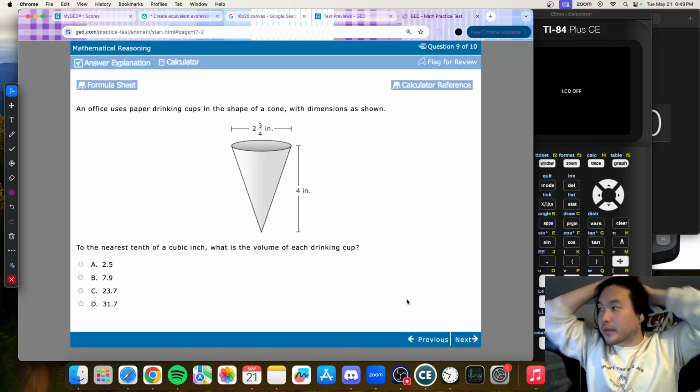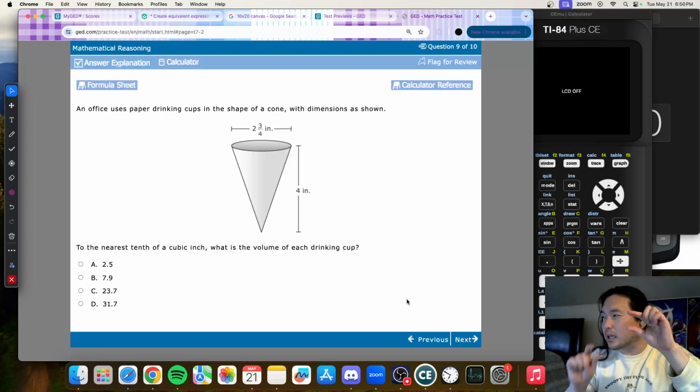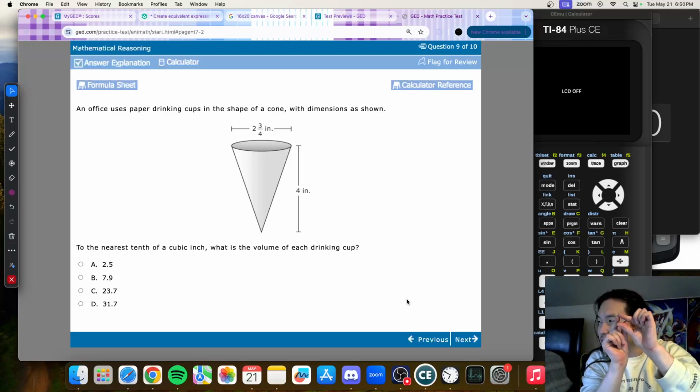And again, if you can't do the math, try to take your best guess. Hopefully you can imagine a cubic inch. How many cubic inches in a paper cup? Hopefully you can tell it's more than one.